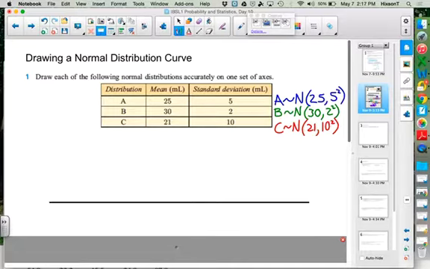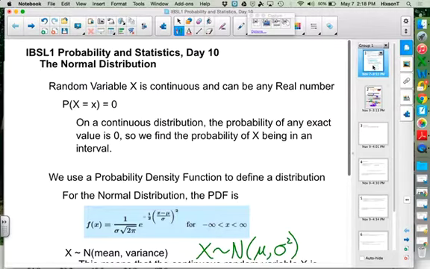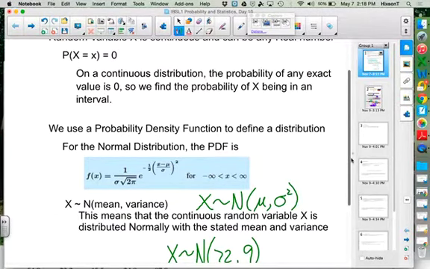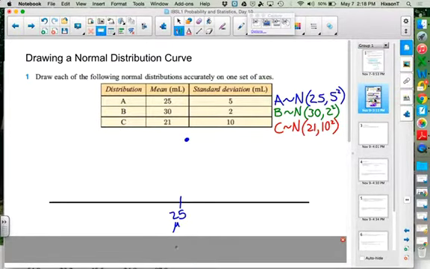So for example, if I'm sketching A, I'm going to start right here at my mean, which is 25, and I'm going to put a point way up here. Don't worry about exactly what that value is, because to find it we'd have to go back and use that mess, and we don't need to do that for our purposes. So you put your highest point there, right at the mean.